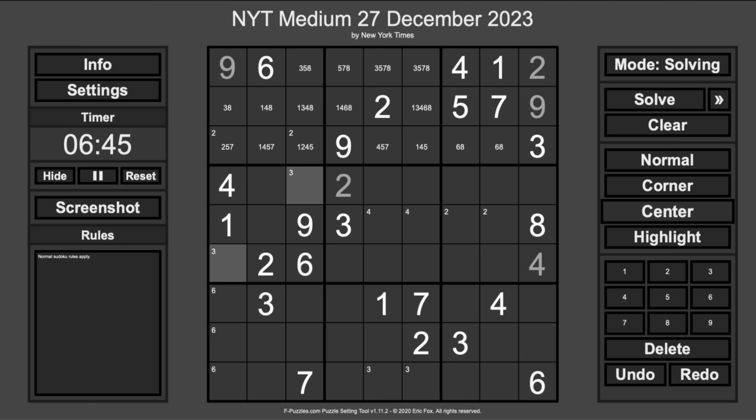In box 4, I have 1, 2, 4, 6, 9. I need 3, 5, 7, 8. This one sees 7, so this one is 3, 5, or 8. This is 5, 7, 8. This is 3 or 8, so this is 5 or 7 only. That one.